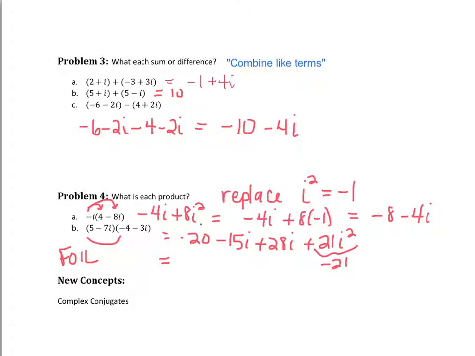At this point, I'm just going to combine the real part. -20 and -21 is -41. And then we'll finish off and combine the imaginary part. You get -15i and a positive 28i, and you get plus 13i. And so that's your final answer for problem 4. If you leave i squared in an answer, we're going to take some points off. You need to replace i squared always with -1.